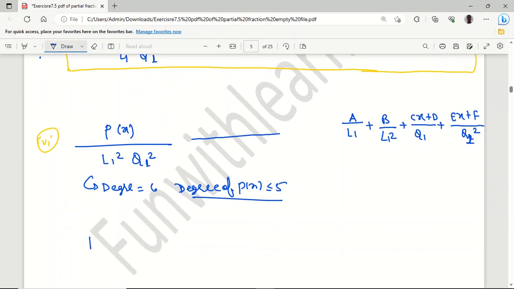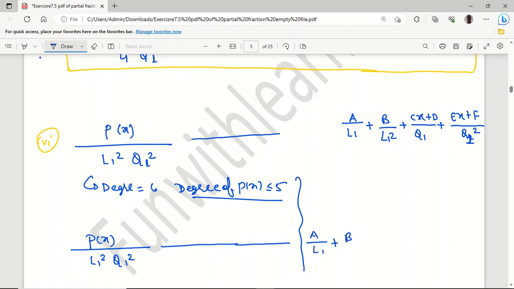So we have P(x) upon L1 square into Q1 square as partial fraction: A upon L1 plus B upon L1 square plus Cx plus D upon Q1 plus Ex plus F upon Q1 square.